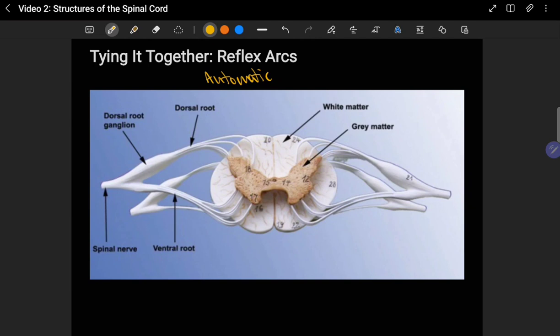So they're happening at the level of the spinal cord, where we have a response to a stimuli before the brain can even process that input. So they're really, really quick. Sometimes we'll see the term spinal reflex, because this information and this reflex happens so fast that the brain doesn't have time to process it. So if you've ever accidentally touched something that was extremely hot and your hand jerks away immediately before you even have time to think about it, that is an example of a reflex arc.